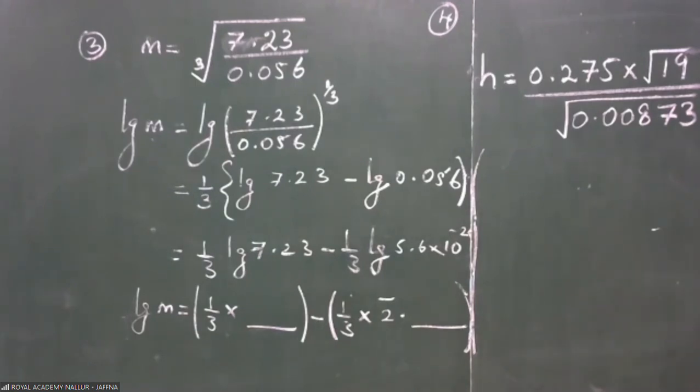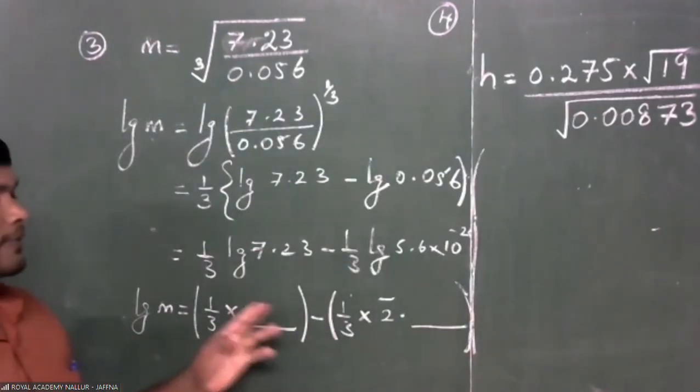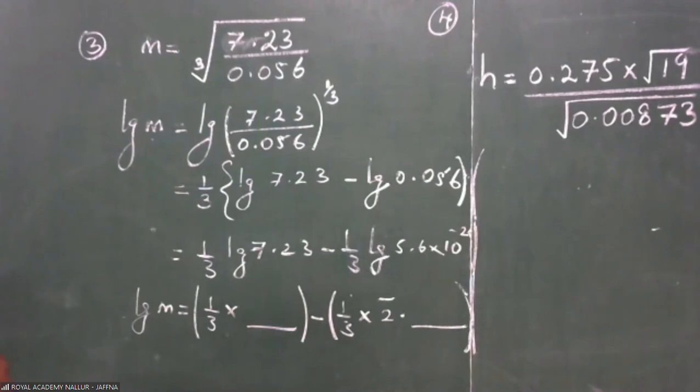Right, one more question for you. H is equal to 0.275 into square root of 19 upon square root of 0.00873. As we are close to the time, you continue the next steps and find the answer for this.